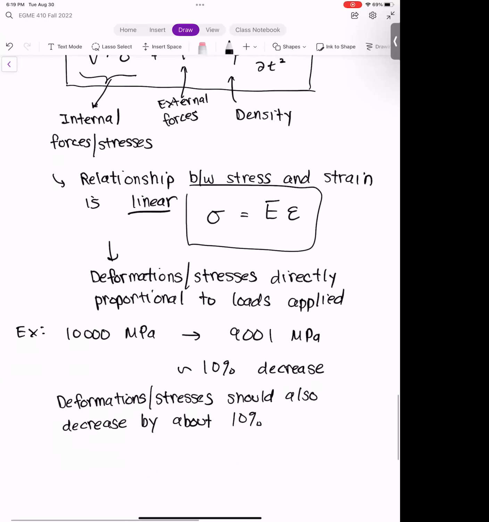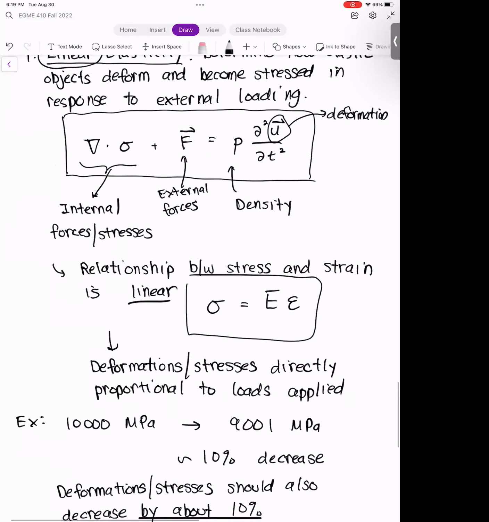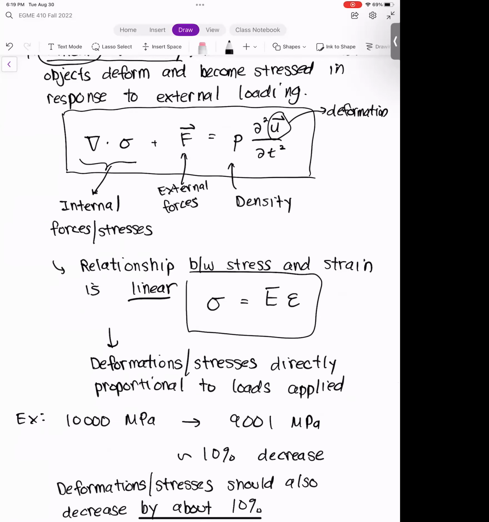All right, one thing I want to highlight here, and I think this is important because some of you will start to use it for student projects and for senior design: there are limitations to linear elasticity. If you read it up in the textbooks, this type of equation right here is only really valid when your deformations are relatively small.